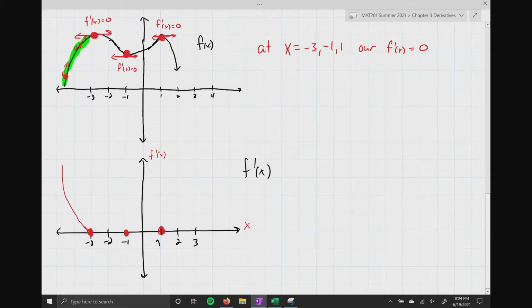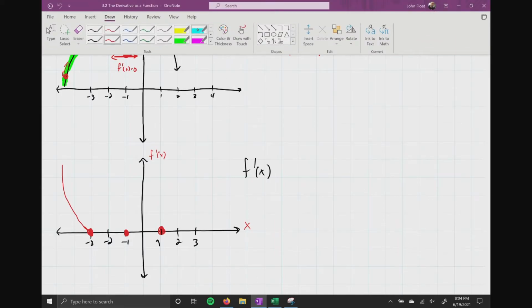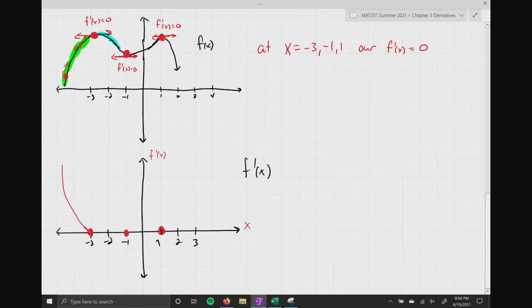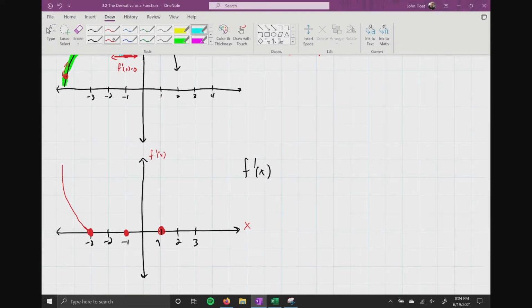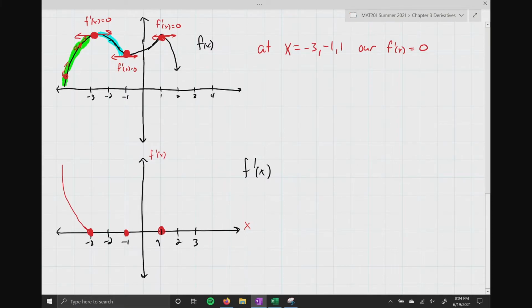Now, in between negative 3 and negative 1, so let me highlight that. I'll use a different color here. I'm going to use blue. So in between the interval negative 3 to negative 1, notice that all the slopes of our tangent line are negative. Okay? So for us, that means we're going beneath the x-axis, and then we come back up to 0.